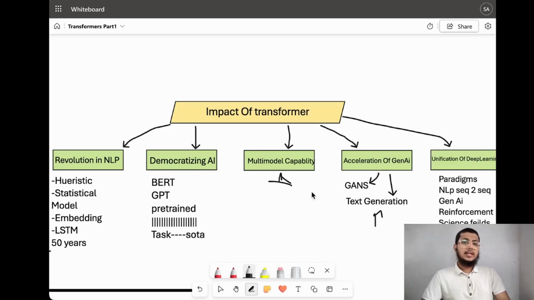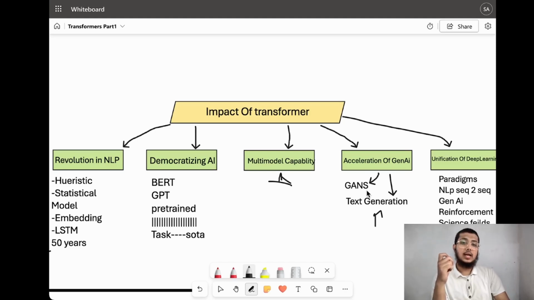That means generative AI is a field of AI where you make machine learning models whose job is to generate something, like generate text or generate images or generate videos, anything. So work was ongoing in this space for the last 10 years, but that work was very slow.